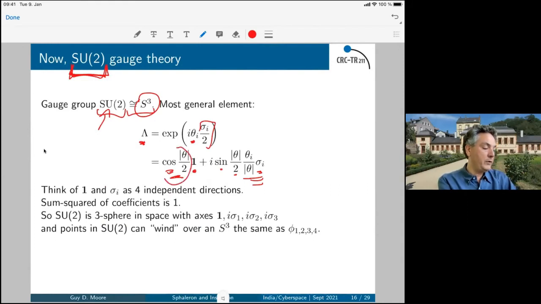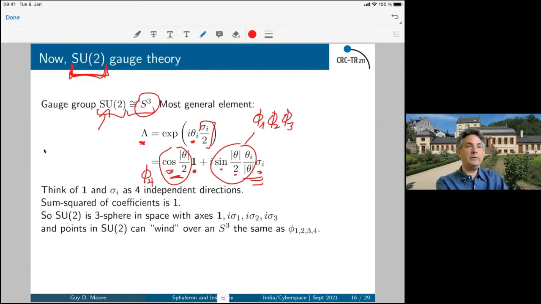And so if I call this coefficient phi 4 and these 3 coefficients phi 1, phi 2, and phi 3, then the sum of the squares of these 4 fields have a total length of 1, because cosine squared plus sine squared is 1. And so I can think of the amount of cosine and the amount of each Pauli as 4 directions, and the group SU2 as being the 3 sphere in that 4-dimensional space. So there's an isometry between SU2 and the 3 sphere, which is defined in this way.